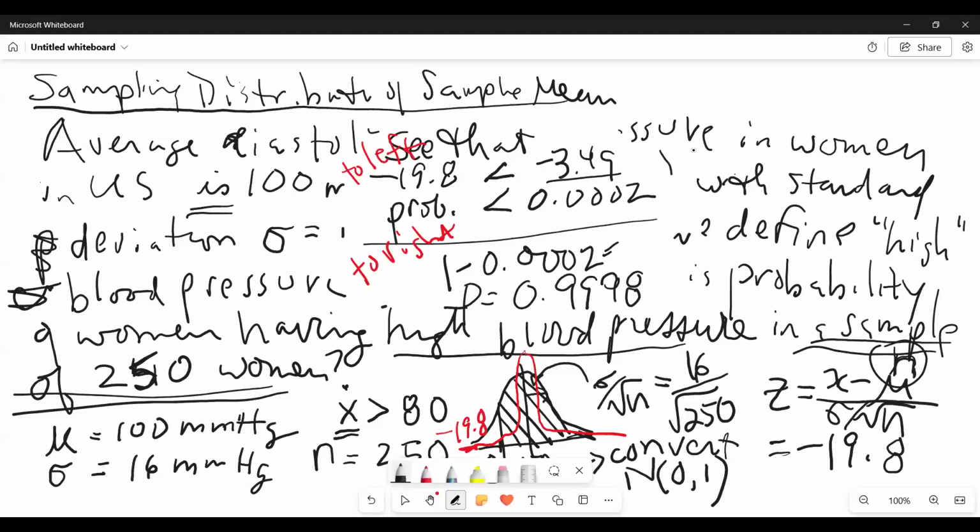So almost 100% of our women are going to have high blood pressure if we look at a sample of 250 women. All right, that's a little shocking. It comes from the power of having the much narrower normal distribution because of invoking the central limit theorem.